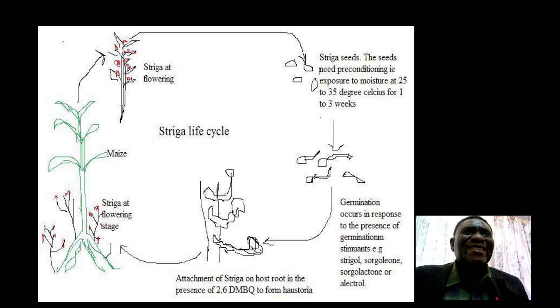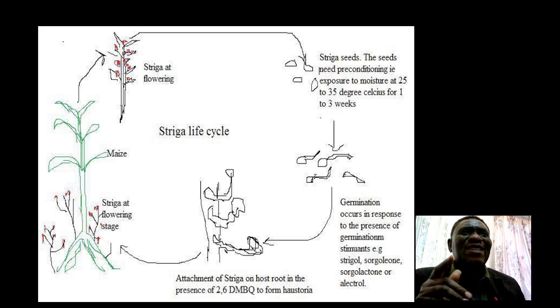That is the connecting tissue between the parasite and its host. Now at this stage, after attachment, the parasite can stay for a month underground, only to emerge later.